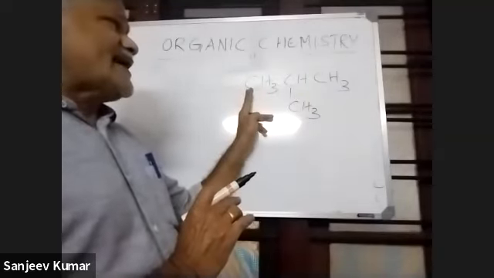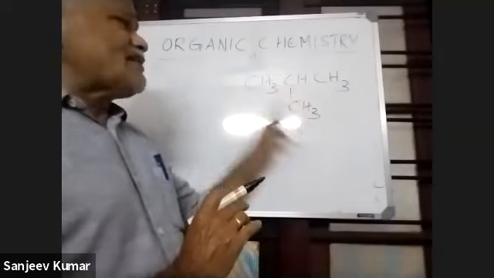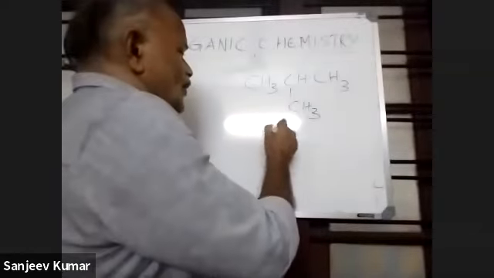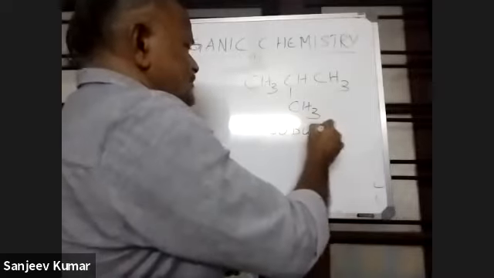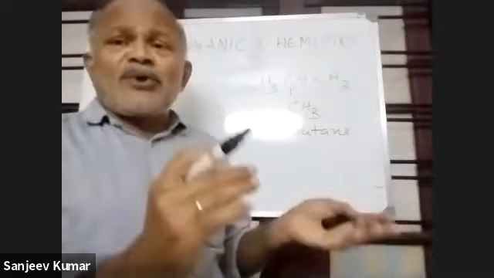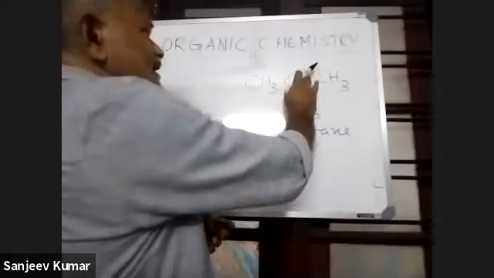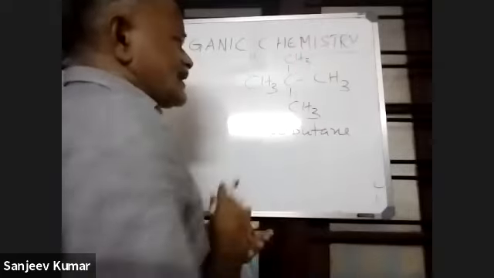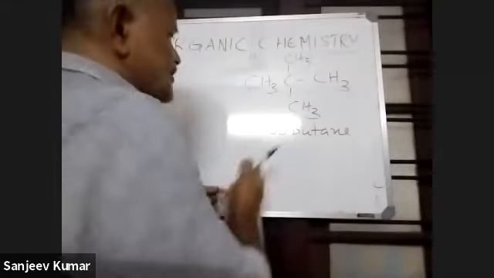It is n-butane, but one methyl group is there. This is the n carbon chain, and before that, there is a methyl group. In such cases, it is named as iso. Therefore, 2-methyl propane is known as isobutane. And if there are 2 methyl groups on the n-butane carbon atom, it is known as neo.